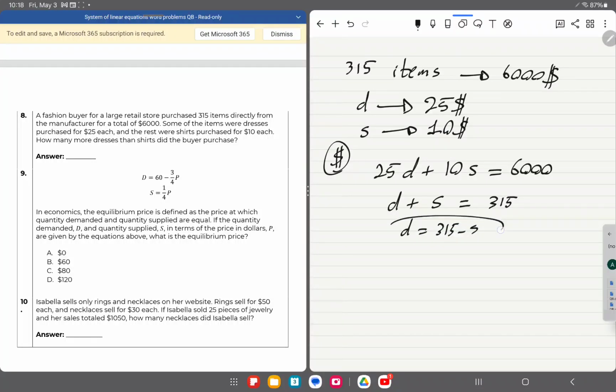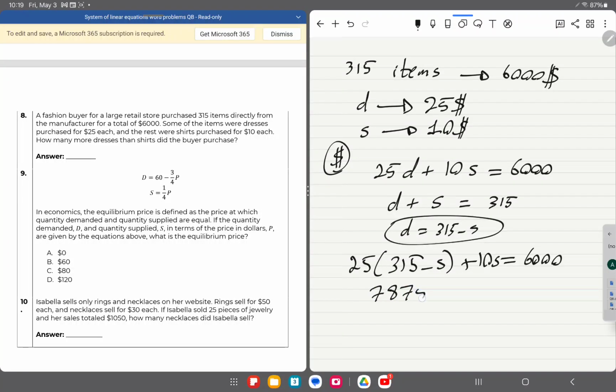315 minus S is what I'm going to substitute above. 25 times (315 minus S) plus 10S is equal to 6,000. 25 times 315 is 7,875 minus 25S plus 10S is equal to 6,000.